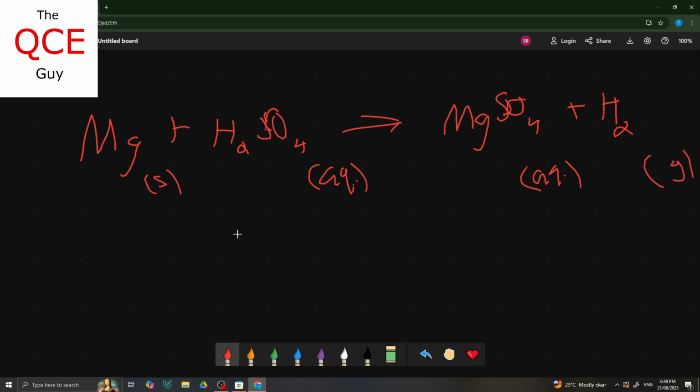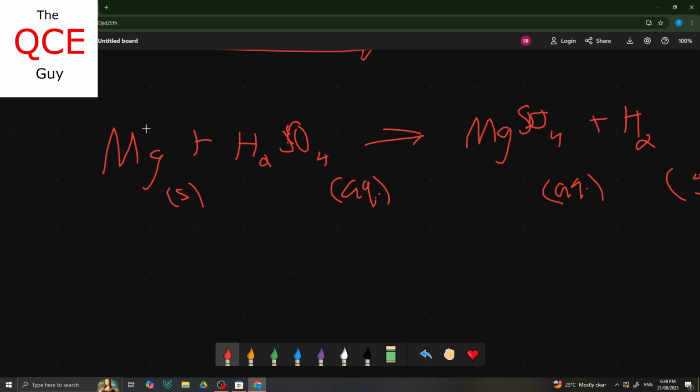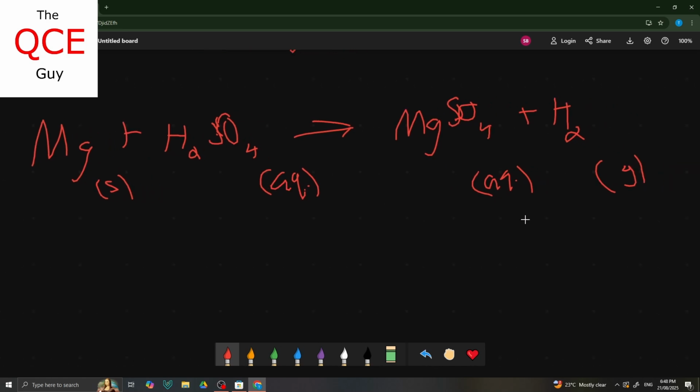So in this reaction, the ions involved: magnesium is a solid, and it's getting transformed into an aqueous. So magnesium is definitely involved in the reaction. How H2 removes itself from the reaction, going from the aqueous to the gas, is also interesting. However, the sulfate, remaining aqueous in both, isn't interesting.